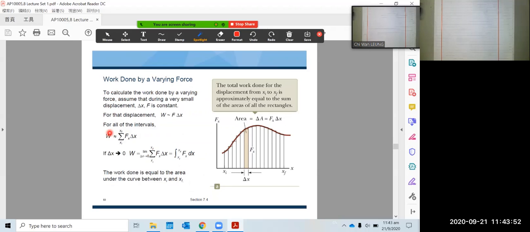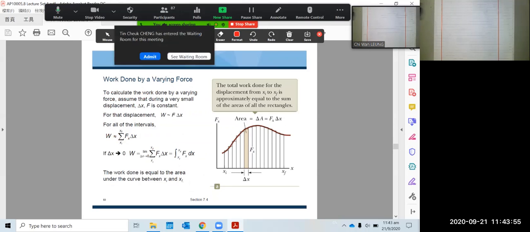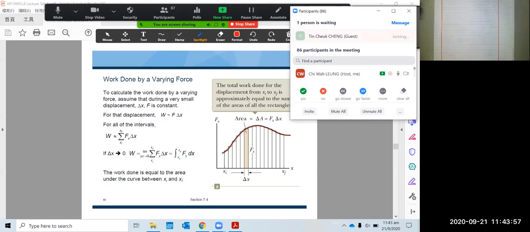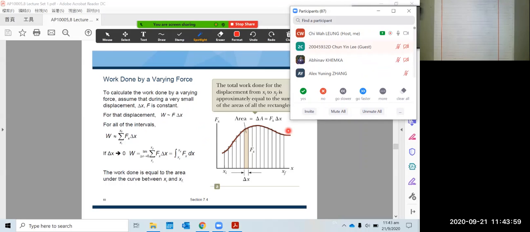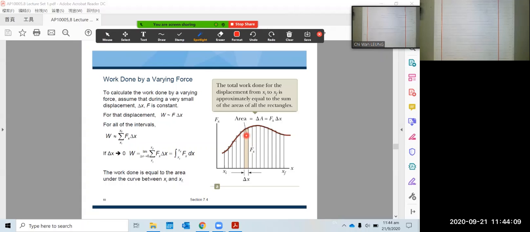And the case when you have a force that is varying, the work done can be calculated. Some of the classmates mentioned the trapezoidal rule, but the general concept is you are adding up the area underneath the force versus displacement graph.